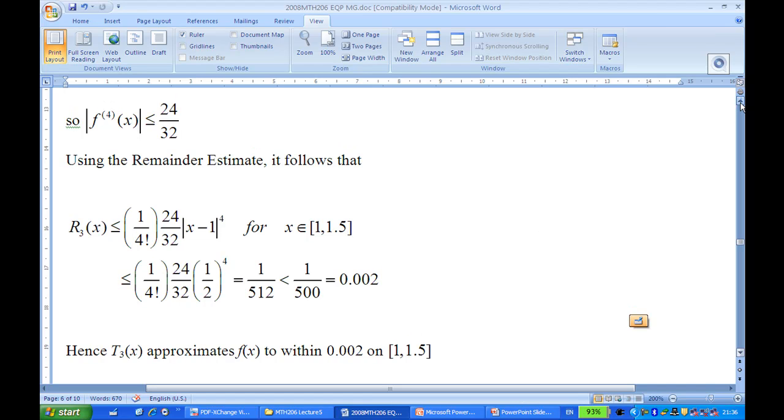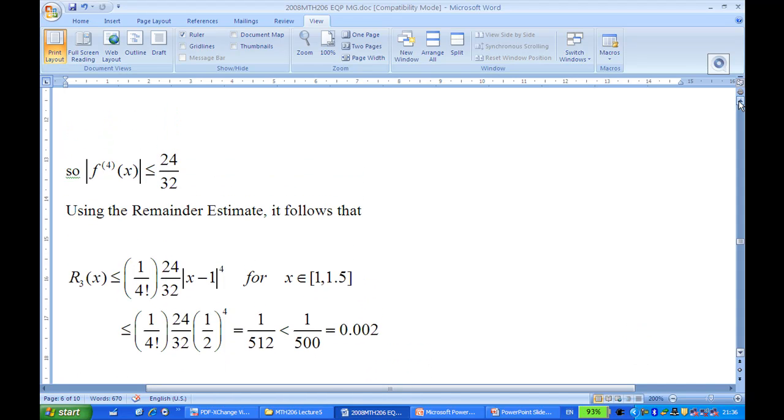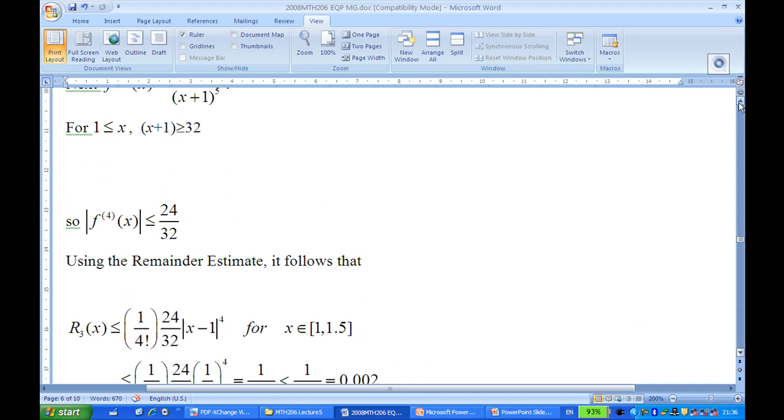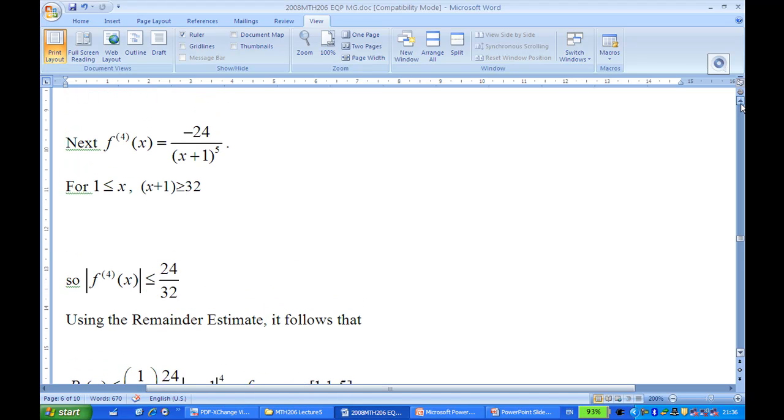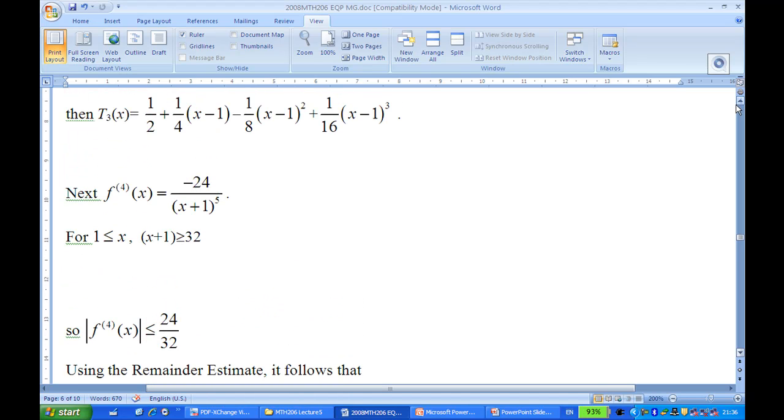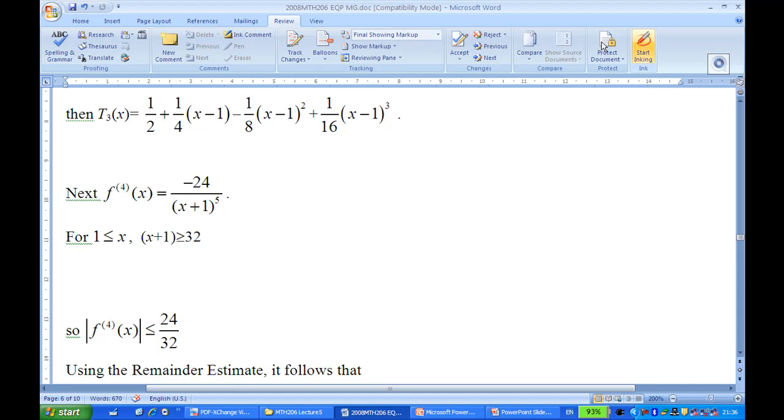Okay, so to estimate the remainder after you obtain T3(x) already, let me write here.